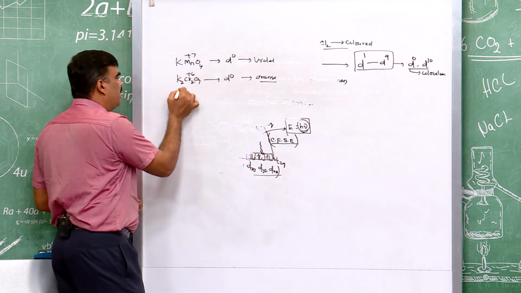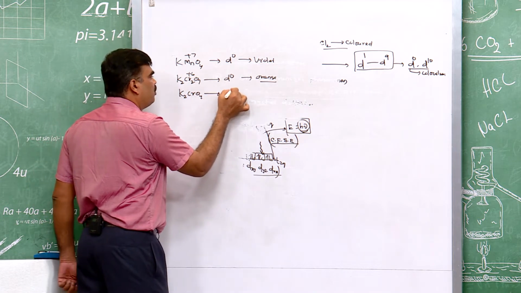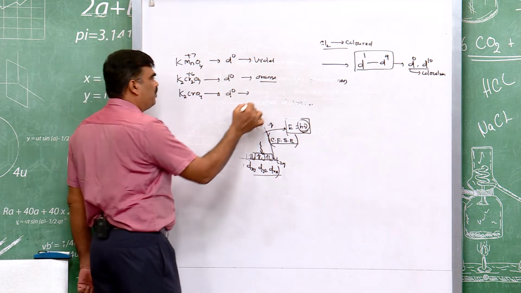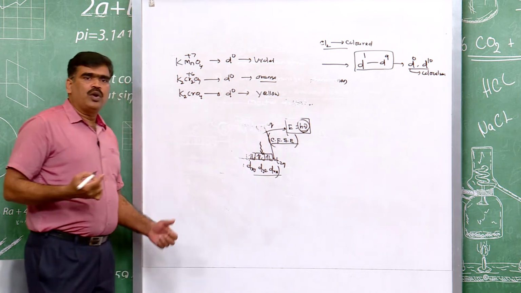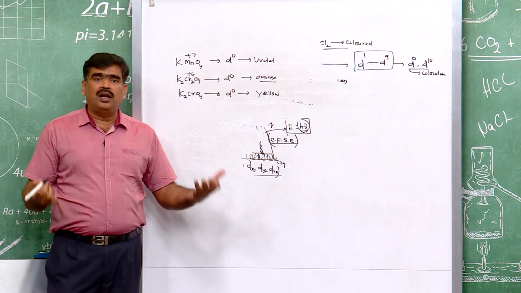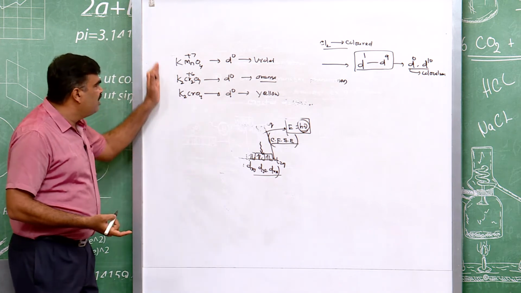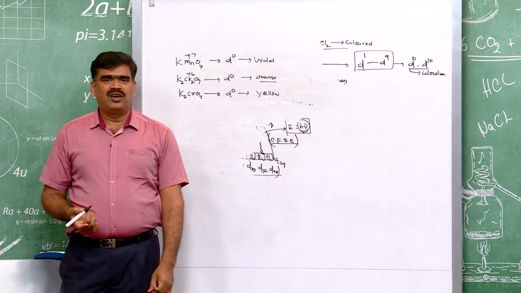Also potassium chromate, K2CrO4, has a d0 configuration and looks yellow. Scandium chloride having d0 configuration is colorless, titanium dioxide having d0 is colorless, but here even though they have d0 configuration, they are still colored.